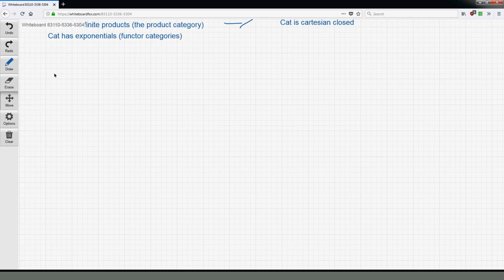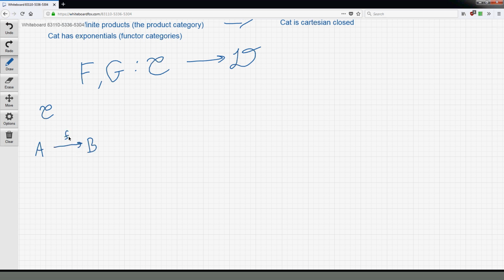So let's say we have two functors between arbitrary categories C and D. Here's C. Have some objects, a morphism, right?